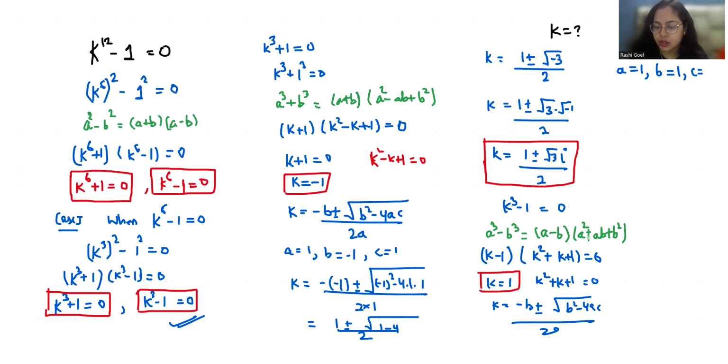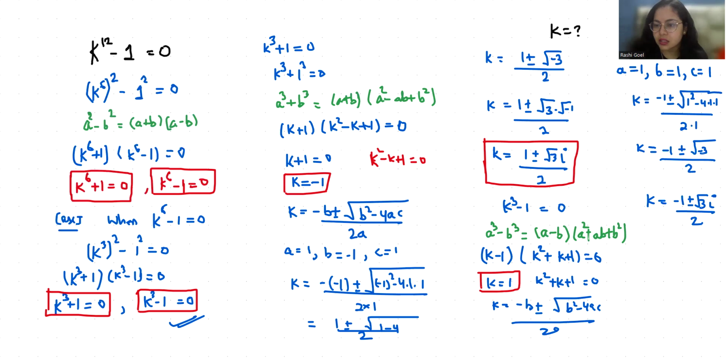So k is equals to minus 1 plus minus under root 1 square minus 4 times 1 times 1 by 2 times 1. So k is equals to minus 1 plus minus under root minus 3 by 2. So k is equals to minus 1 plus minus under root 3 iota by 2.